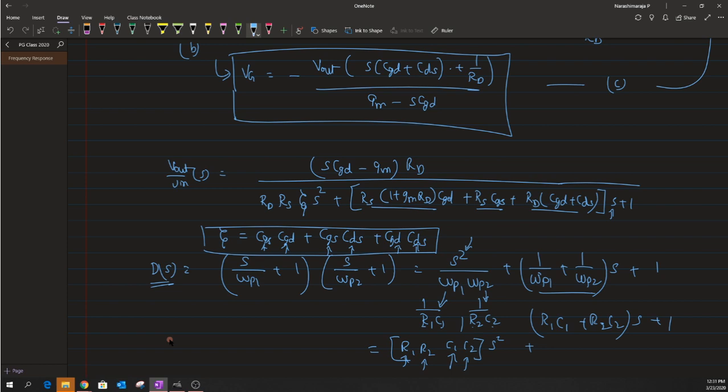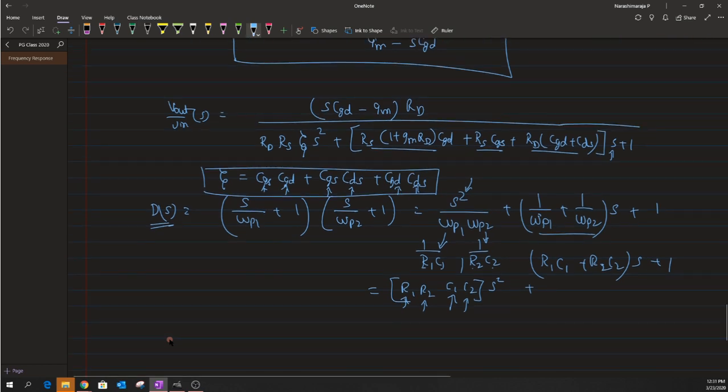Now, as you could see, when I look at this particular polynomial that I've written down here, it's pretty sure that it's a second order polynomial. And it also ensures that we will have two poles in our system. If I assume that these two poles are just omega p1 and omega p2, then we need to extract these expressions out of this coupled second order polynomial.